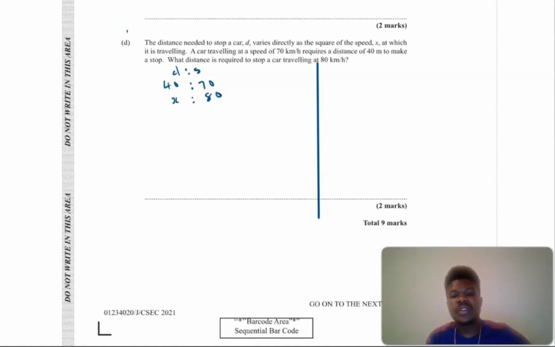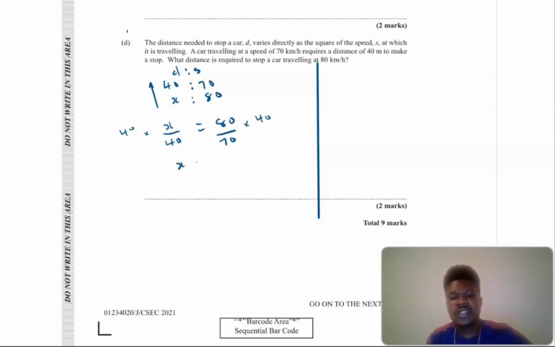So let's make the fraction this way with x on the numerator, so it's going to be x over 40 is equal to 80 over 70, and to get x by itself we just multiply both sides by 40.